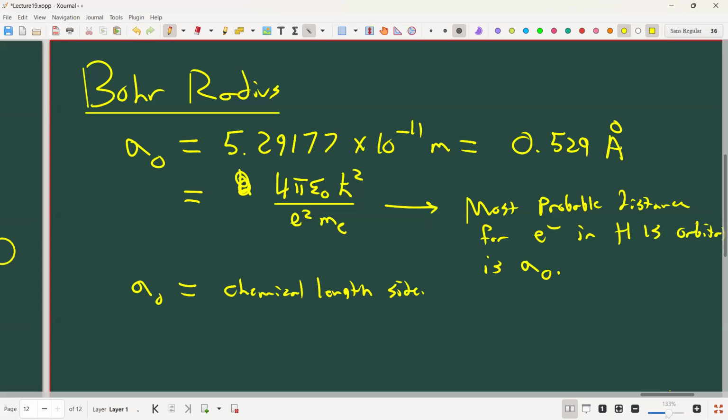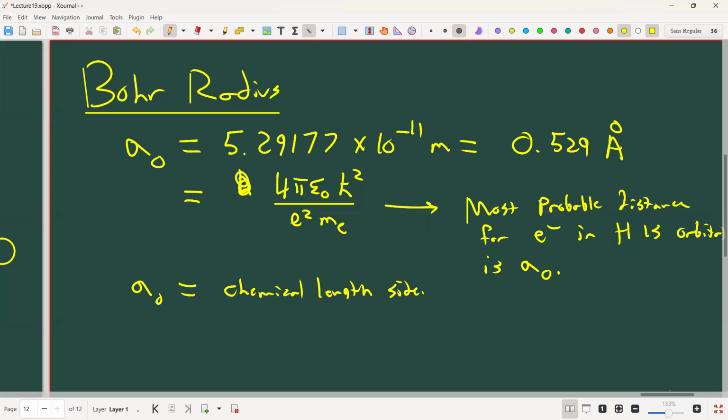And m sub e, right, h bar squared over m sub e looks like angular momentum. Right? h bar squared is proportional to angular momentum squared. Angular momentum squared divided by 2 times the mass is the energy. So h bar over m_e in some sense is this centrifugal term. It says something about how the centrifugal force compensates relative to the electrostatic force. But both of these forces come into play here.